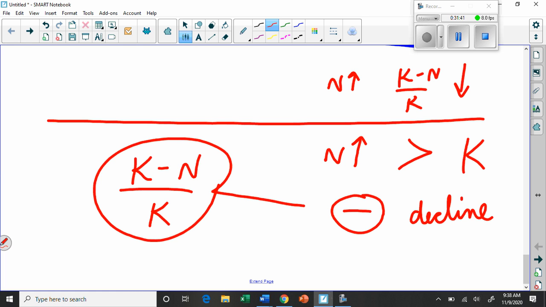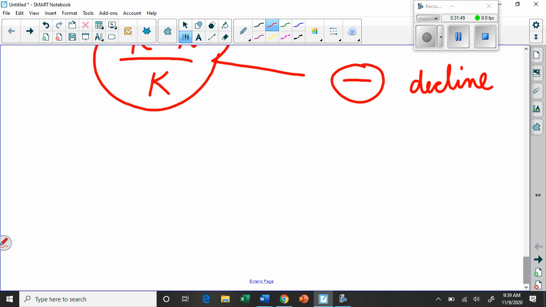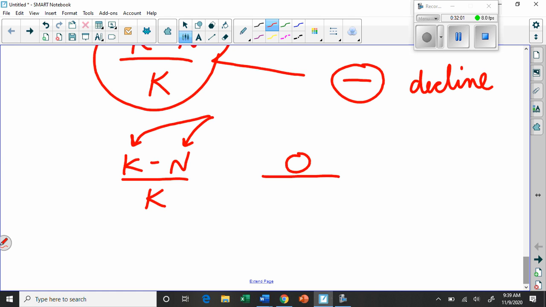Now, what you'll notice is, if the number reaches the carrying capacity, what happens when K and N are pretty much the same? Well, let's look at that again. Let's say you grow, you grow, you grow. Well, if K and N are pretty much the same, then the top of that is going to be close to 0, because if you subtract, 5 minus 5, they're very close to the same.